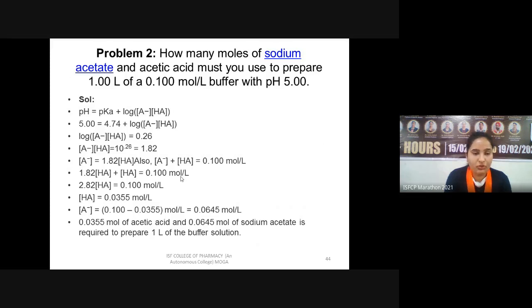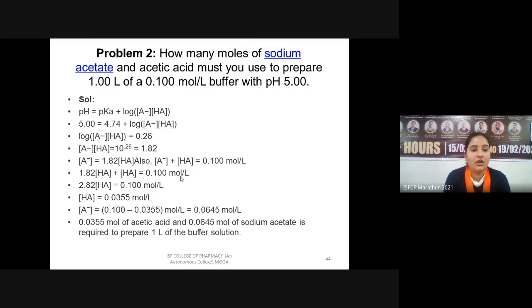From here, we can calculate the concentration of A negative ions by multiplying 1.82 with the concentration of the acid. Also, it is given to us that the concentration of A negative ions plus the concentration of the acid is equal to 0.1 mole per liter. So we will put the concentration of A negative ions in this equation, and by substitution we will come to know the value of the acid, that is HA.